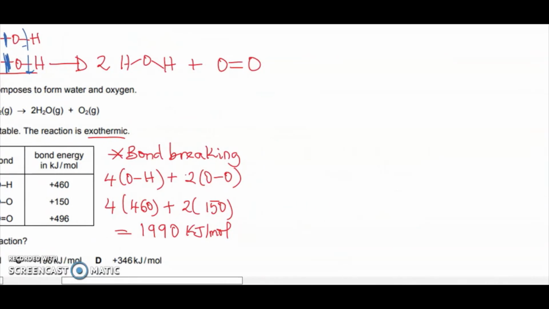Let's now move over to bond making. So here we have bond making, and remember, bonds are made in products. So let's see. Here we have 2 water molecules. So here we have one HO bond, one HO bond. If we multiply by these 2, we have 4 HO bonds. If you're not seeing it, let's represent the second water molecule. This will be the second water molecule. So you can clearly see the 4 OH bonds over there.